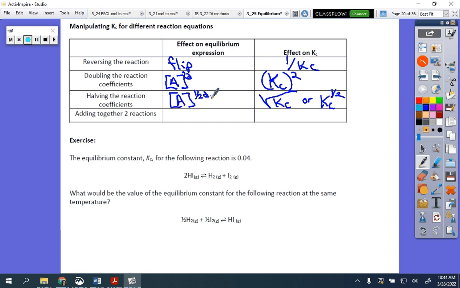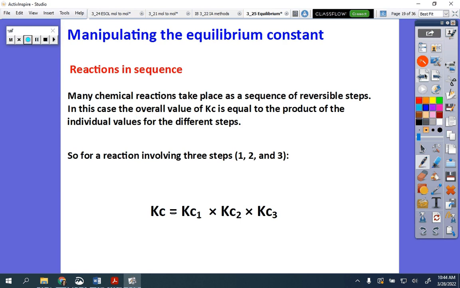And the last thing that you need to know is if we have a series of reversible steps that constitute a larger chemical equation, and we're looking for an overall equilibrium constant for all of the steps, and they're all reversible, then you are multiplying each one.